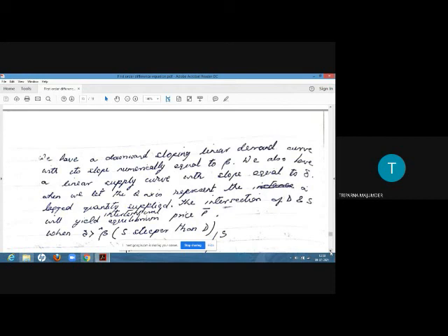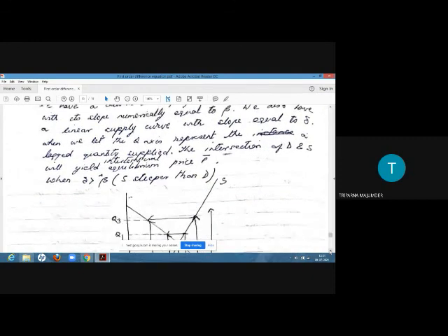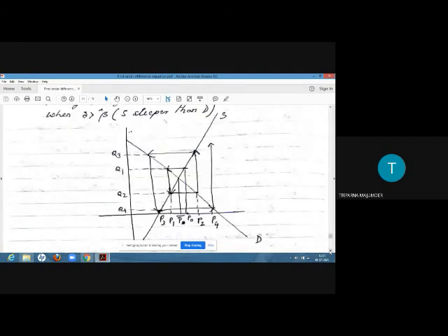When delta is greater than beta, that is, we have a steeper supply curve, we get a diagram like this. Demand curve is this. The supply curve is steeper. We get an equilibrium P bar.